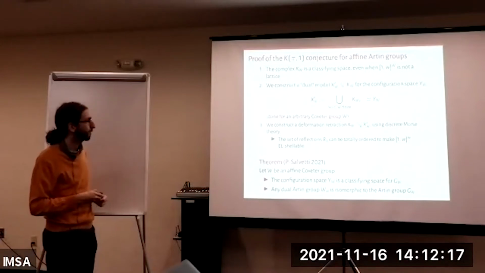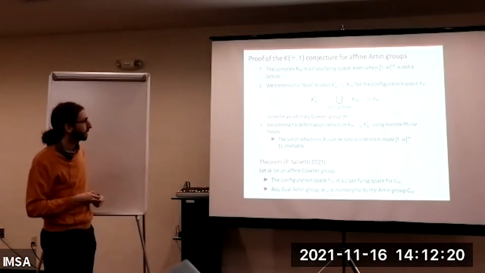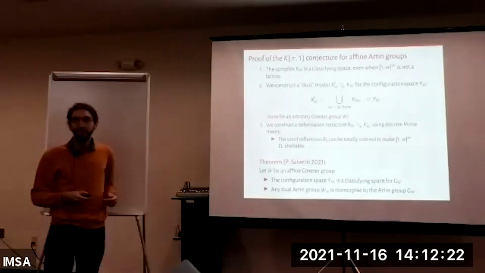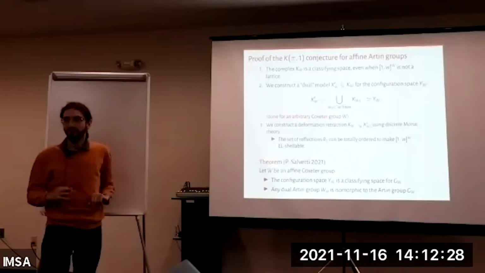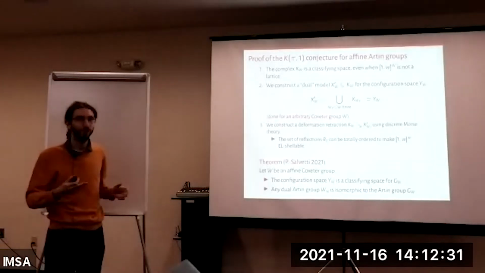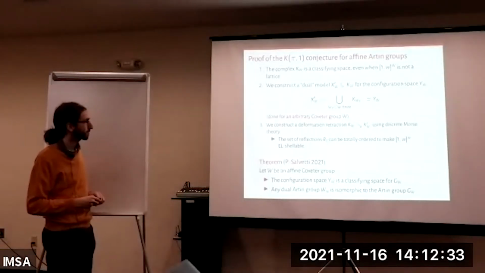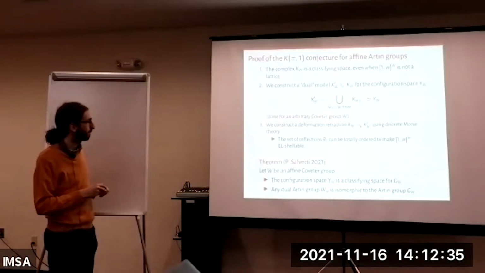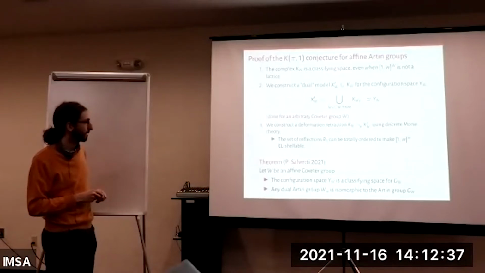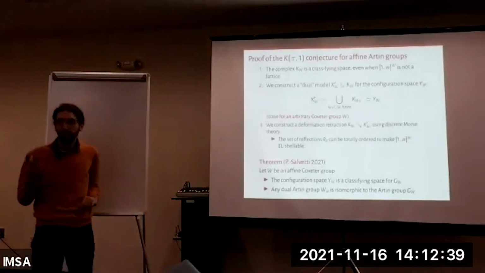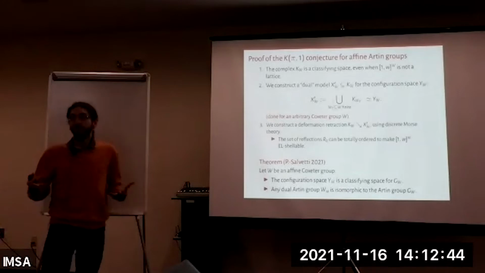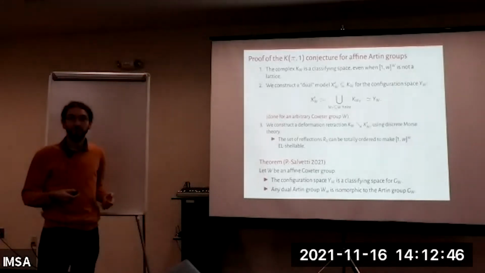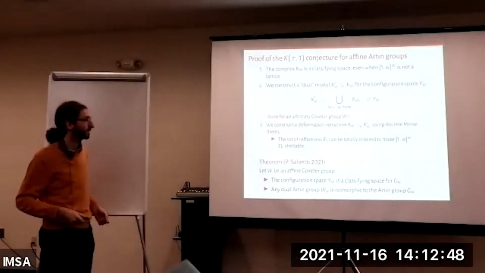This is the only step which easily works out for any Coxeter group W, whereas for the other steps, it's unclear whether they will generalize or not. Very well. And the third step, which is the longest one, was to construct a deformation retraction from KW to this subcomplex XW.